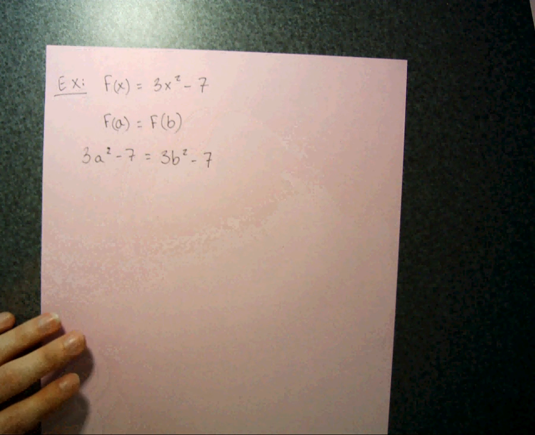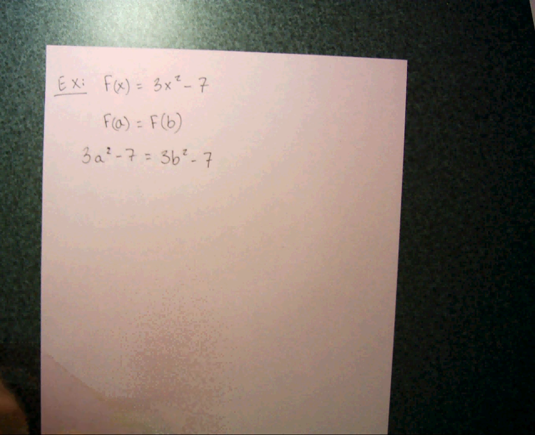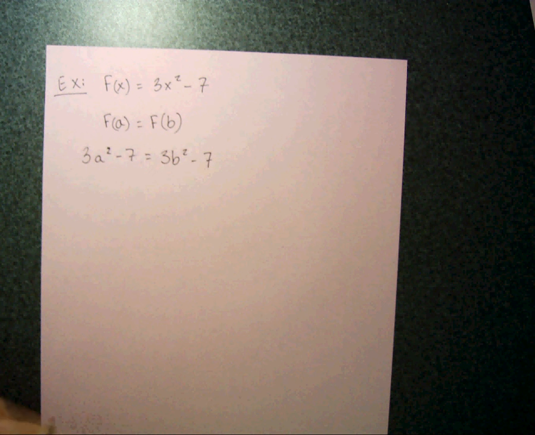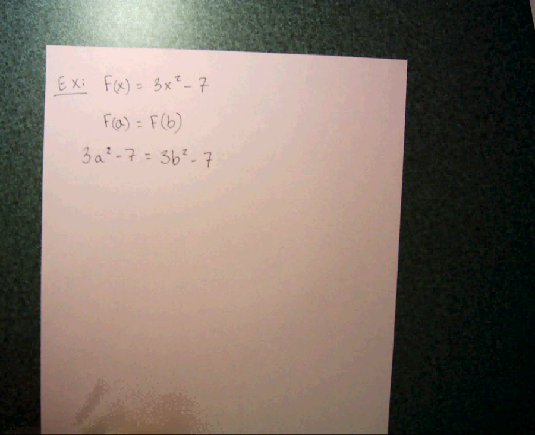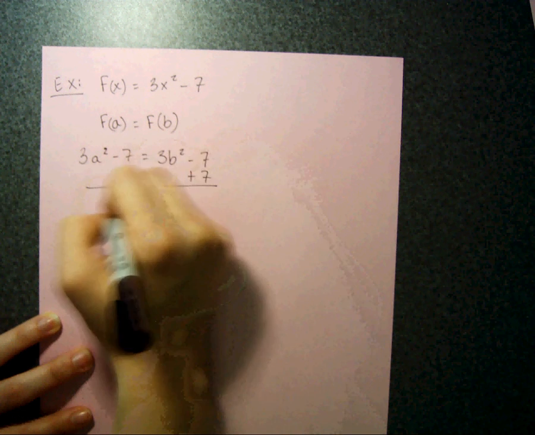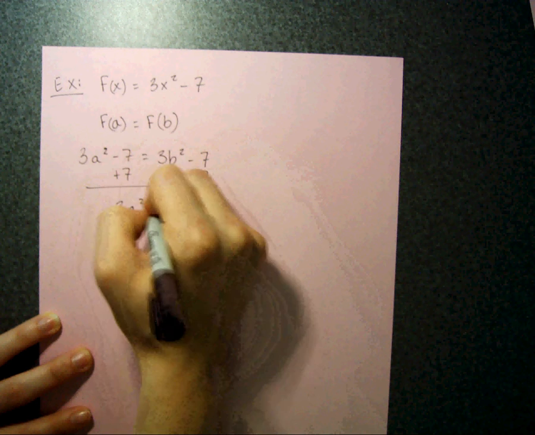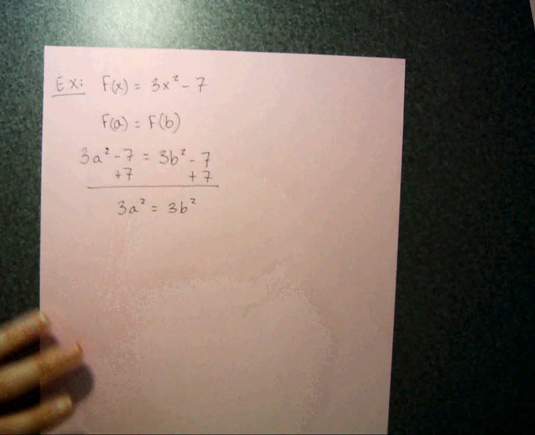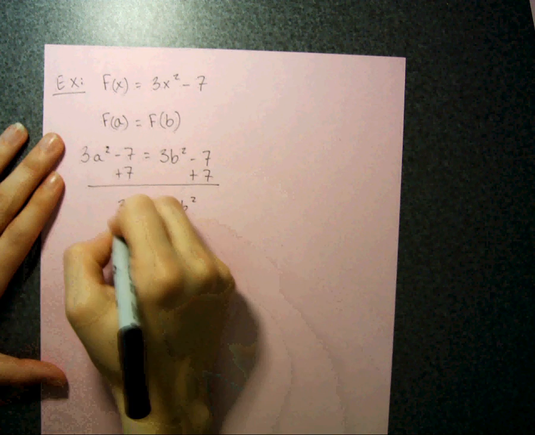And now I'm going to use my algebra skills to see if I can isolate a and b. So what could my first step be? Add 7 to both sides, right? Just simplifying, and I get 3a squared equals 3b squared. Now divide both sides by 3.